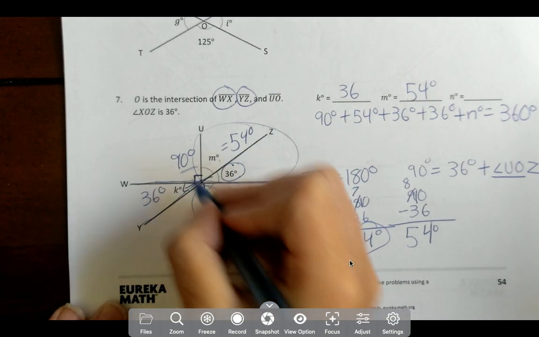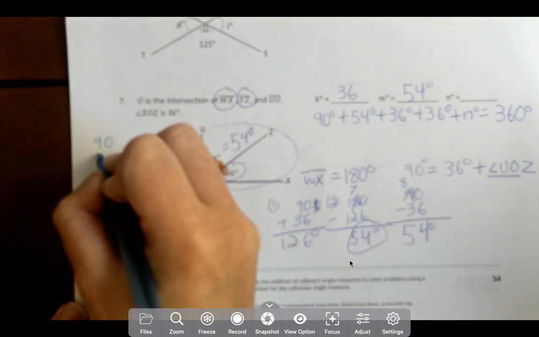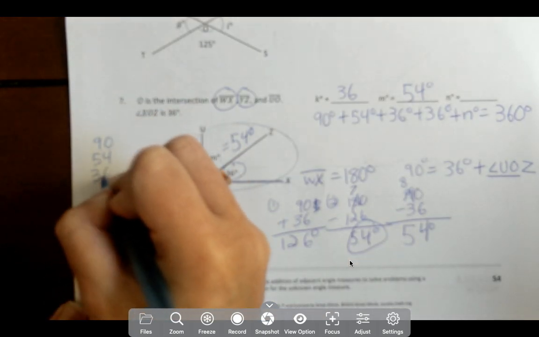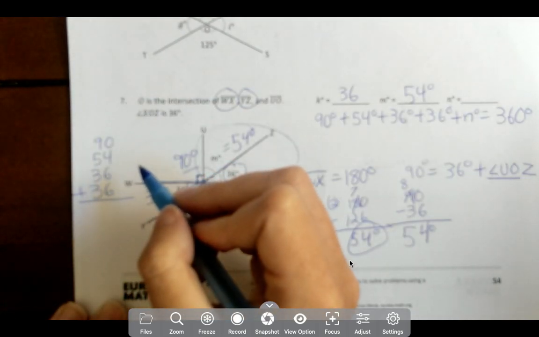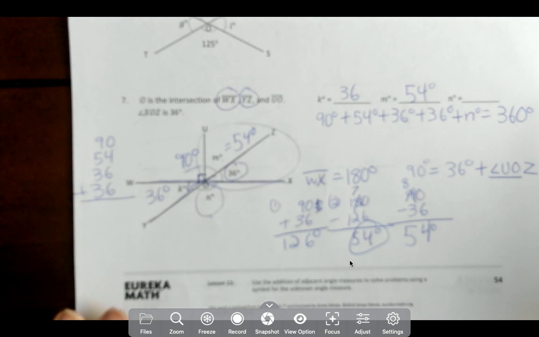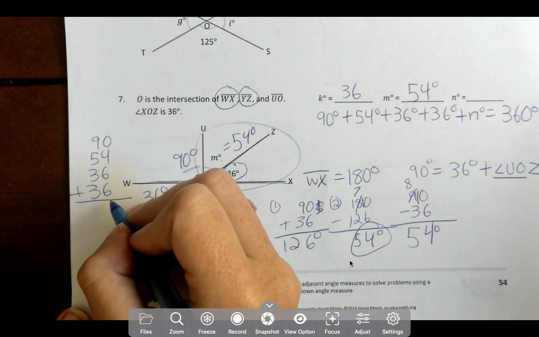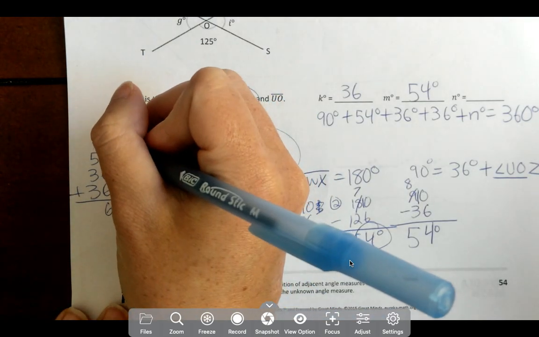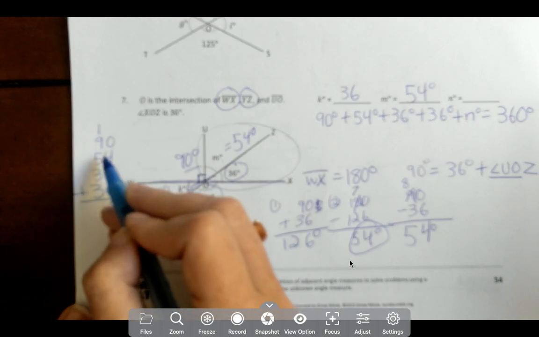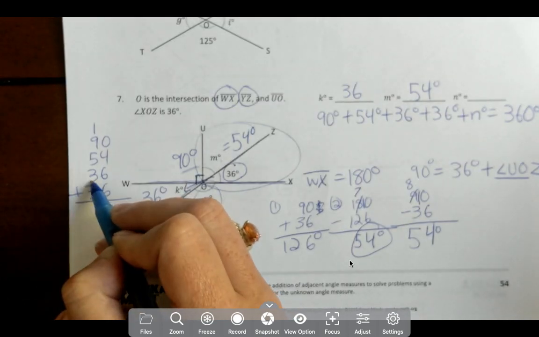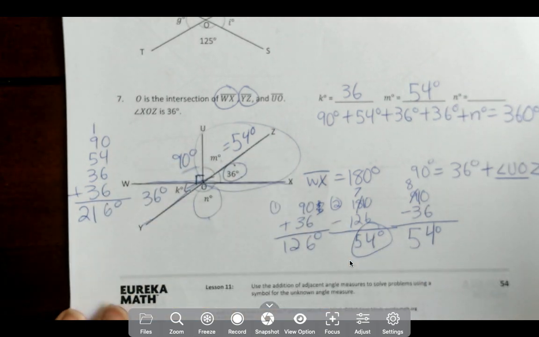So I'm going to bring my work over here. 90 plus 54 plus 36 plus 36. 6 plus 4 is 10. Plus 6 is 16. 1 plus 9 is 10. 15. 18. 21. 216 is that number.